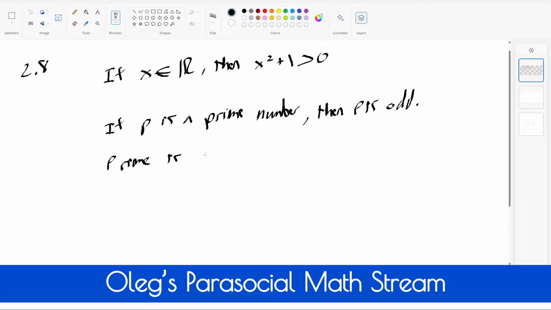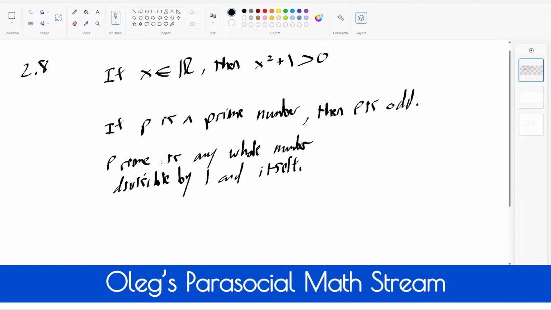So prime, again, we're not dealing with fractions here. You can say, well, if I was going to say it's not a whole number, then we get in the weeds, but fractions can't be primes.